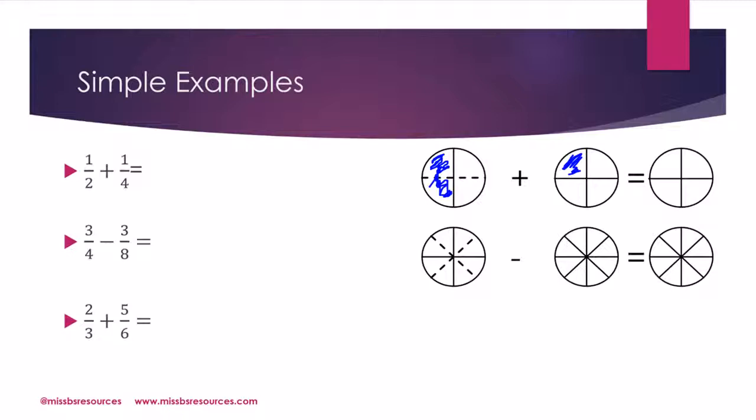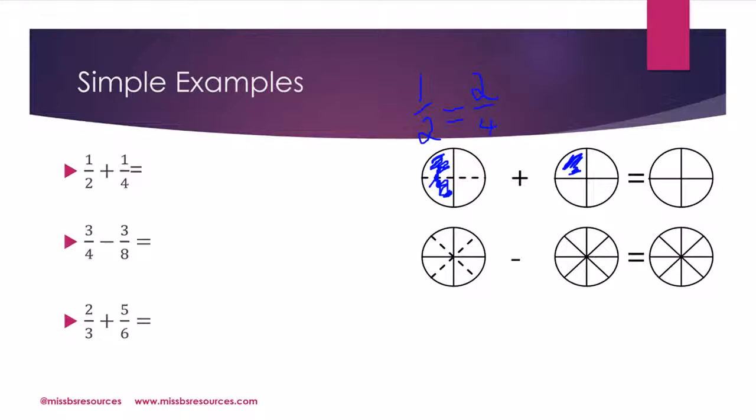Now the dotted line I've put on because the second fraction is in quarters, so I can see how many quarters this half is equivalent to. So this tells me that 1/2 is equivalent to 2 quarters.